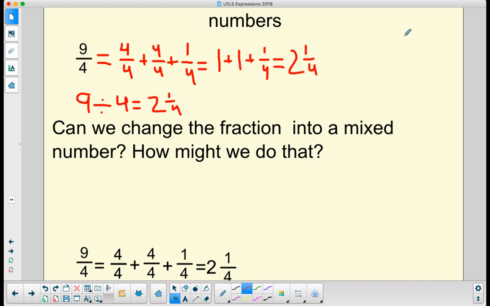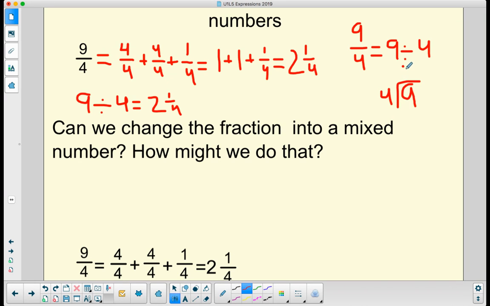If you remember, being in division, fractions mean division. 9 divided into groups of 4. Divided by 4. And you can do 9 divided by 4.